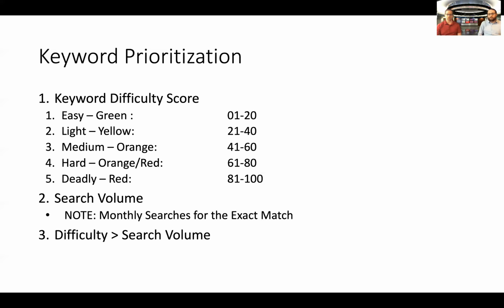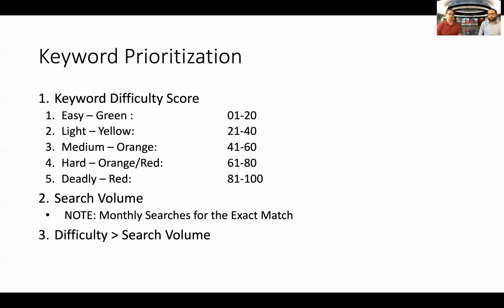When it comes down to prioritizing, this is essentially the color coding Danny just went through. Keyword difficulty, or how hard is it to rank, goes from a 1 to 100 scale. So we consider 1 to 20 to be easier keywords, 21 to 40 to be lighter but still easy keywords.